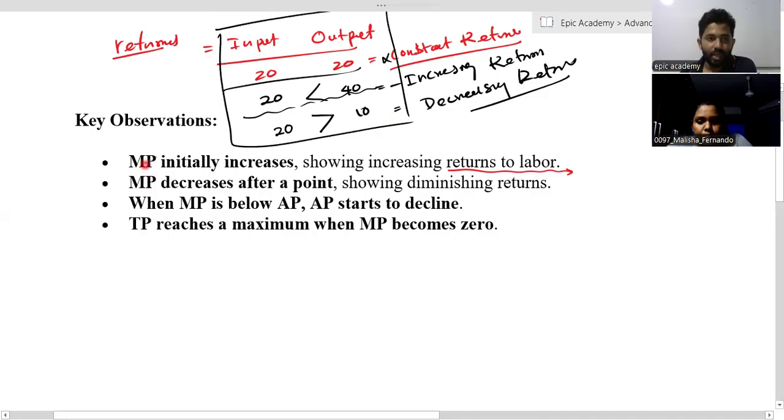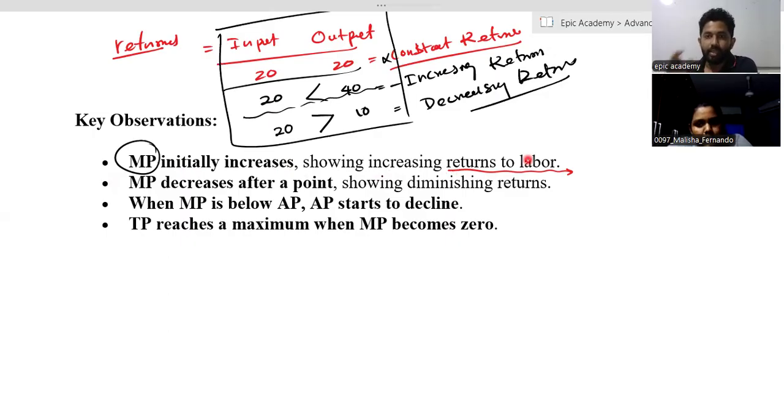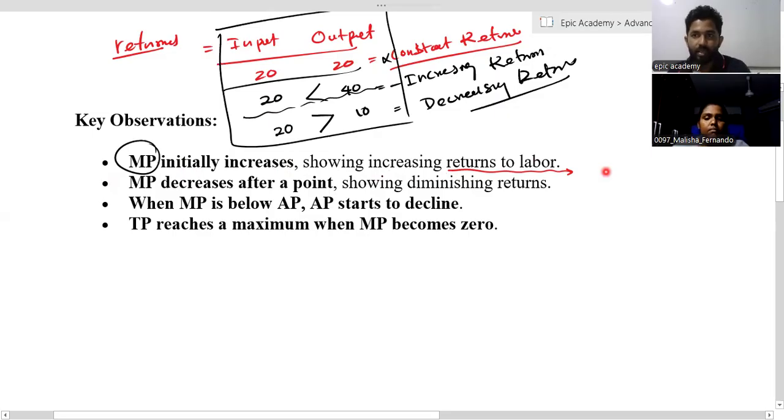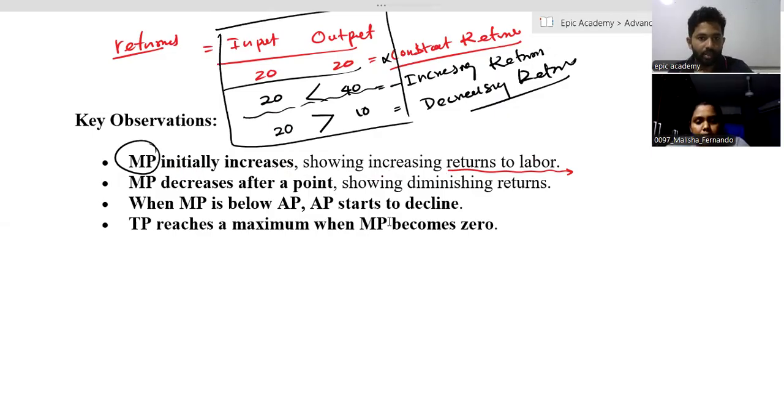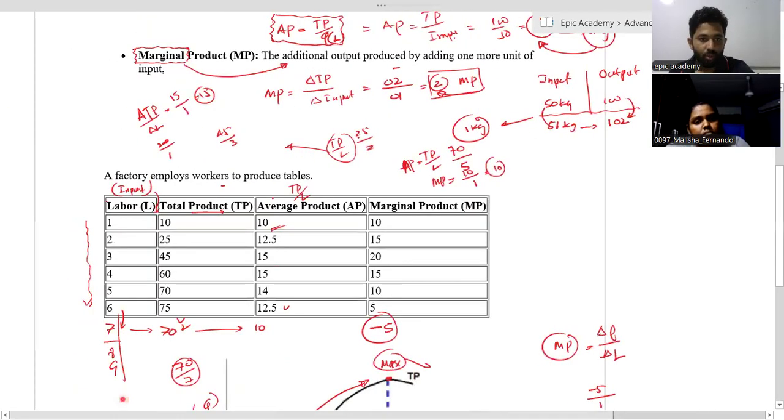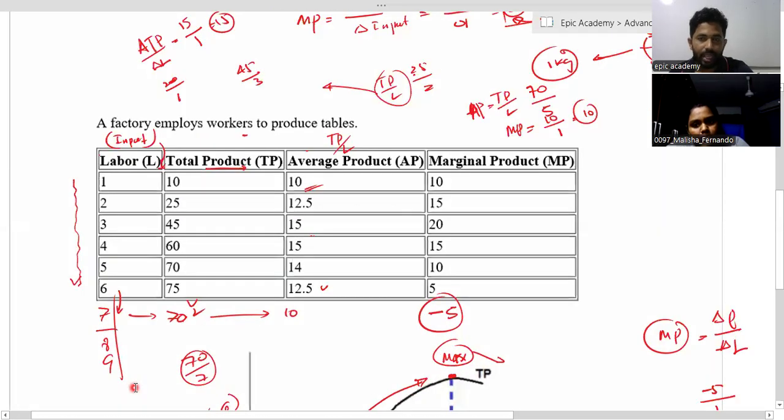So here you can identify MP initially increases, showing increasing returns. That means you increase input one by one, but the output increase takes a greater value than the input increase. I will go back to the details to show that. Carefully look at that.